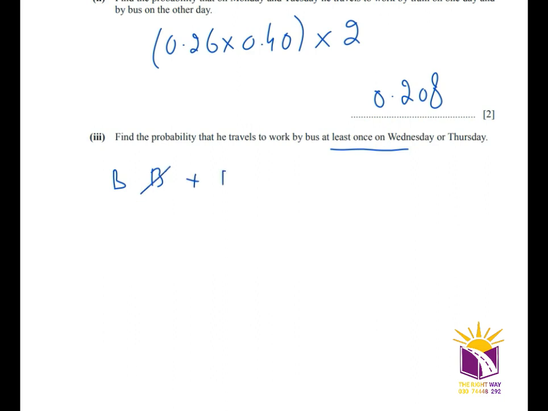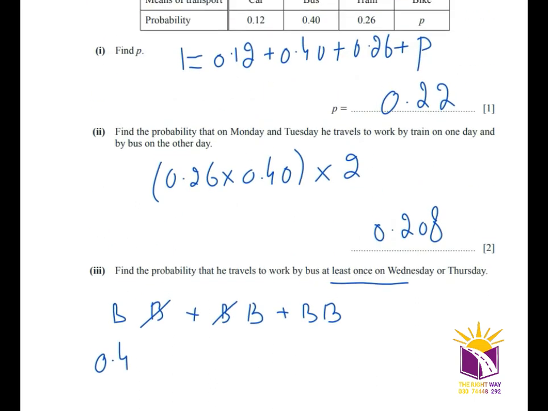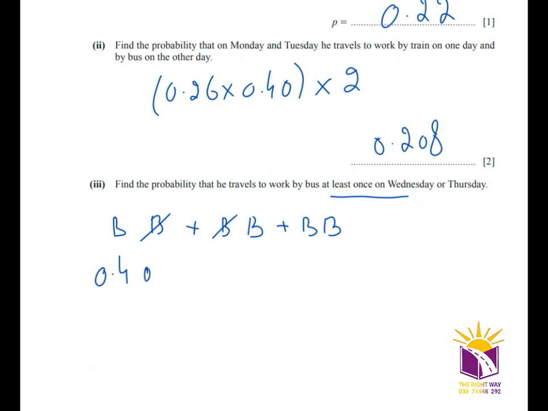Or he could not travel by bus on Wednesday and travel by bus on Thursday. Or he could travel by bus on both days. It could be possible because at least once he could travel by bus on both days. So first of all, for bus the probability is 0.4, and without bus the probability is 0.6.